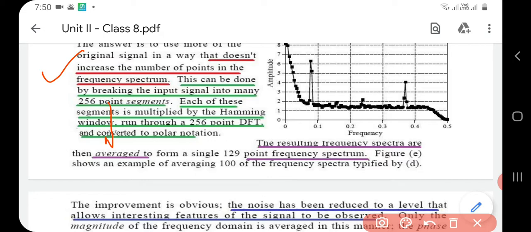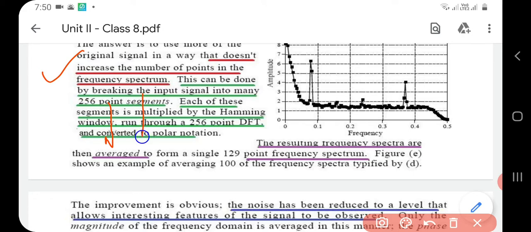Now, how can this be done? This is done by breaking the input signal into segments, and each of these segments is multiplied by the Hamming window, and then, with a similar procedure, it is subjected to DFT and converted to polar notation. That was a good suggestion.